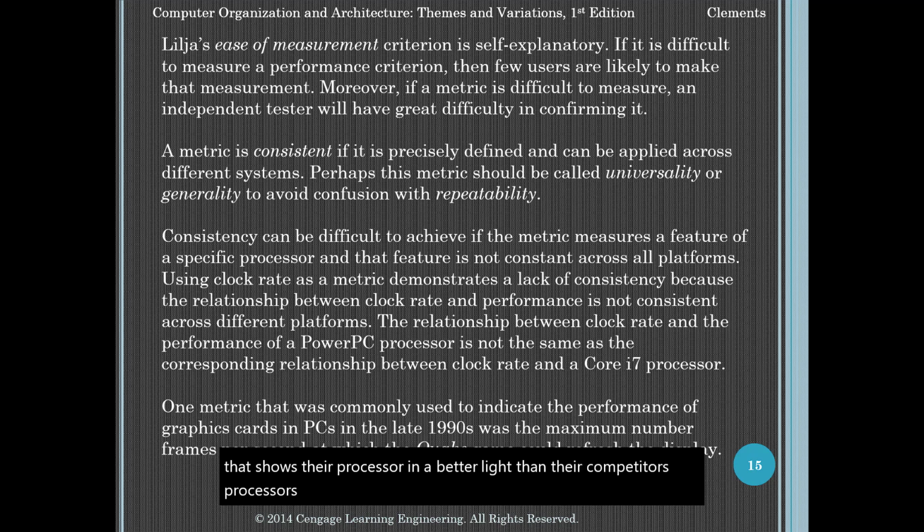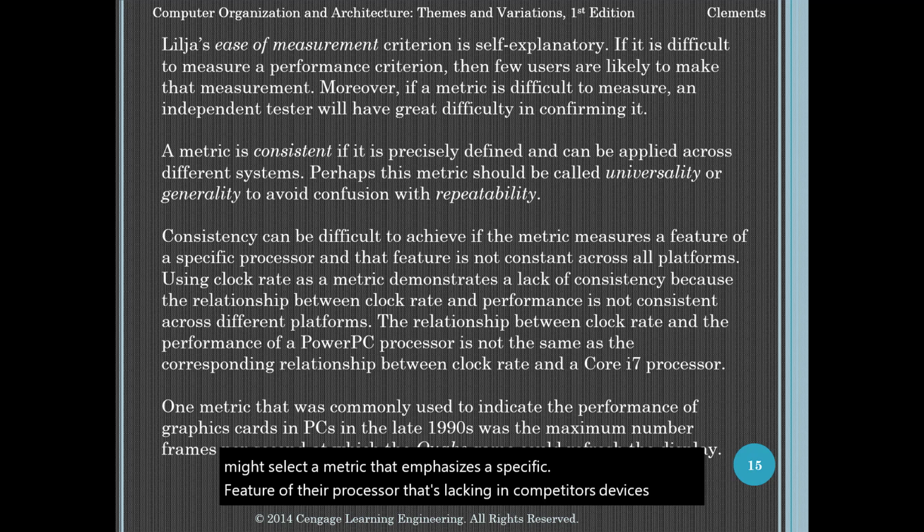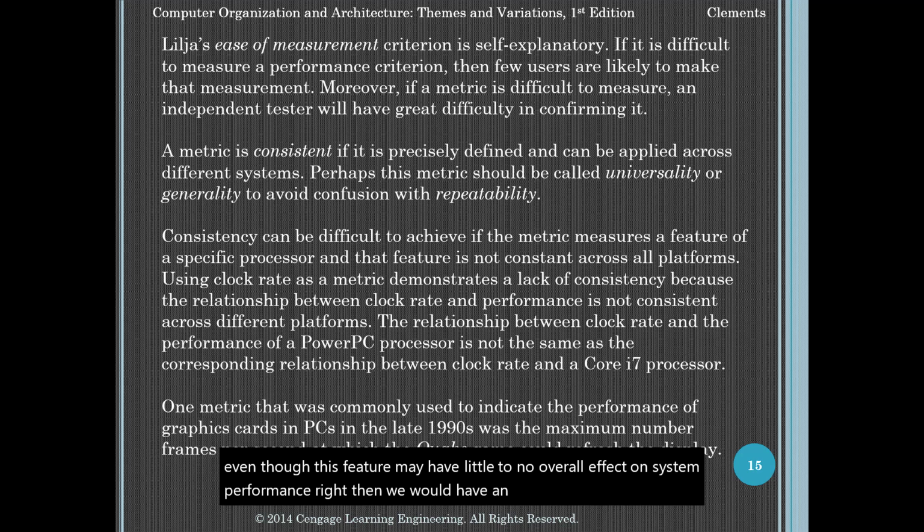So in particular, a manufacturer might select a metric that emphasizes a specific feature of their processor that's lacking in competitors' devices, even though this feature may have little to no overall effect on system performance. Then we would have an issue where we aren't able to make a correct comparison. So independent of commercial influences is pretty self-explanatory.